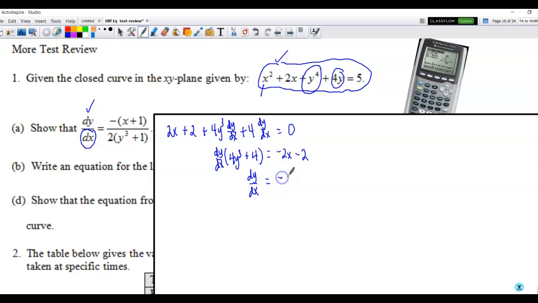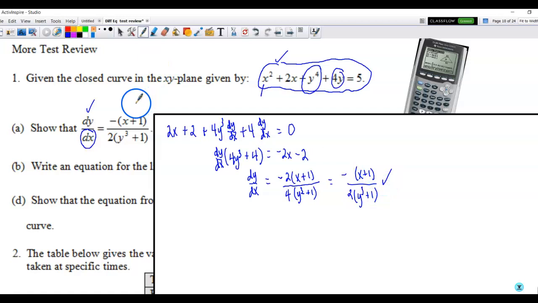I'm going to factor a negative 2 out of the numerator, and that will leave me with x plus 1. I'm going to factor 4 out of the denominator when I divide, and that will leave me y cubed plus 1. And I'm going to reduce that, and that'll give me the opposite of x plus 1 in the numerator over 2 times y cubed plus 1 in the denominator.